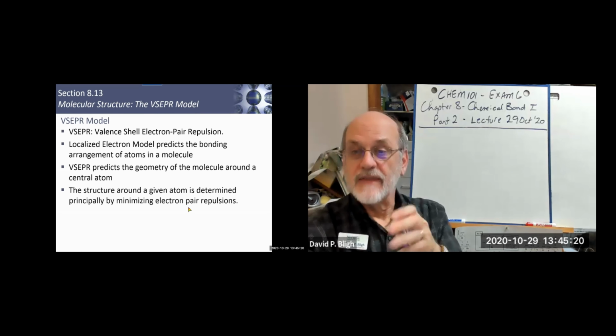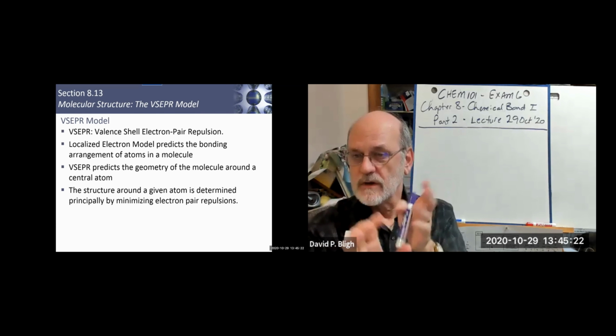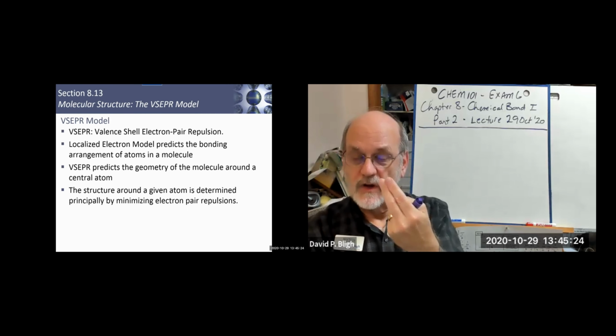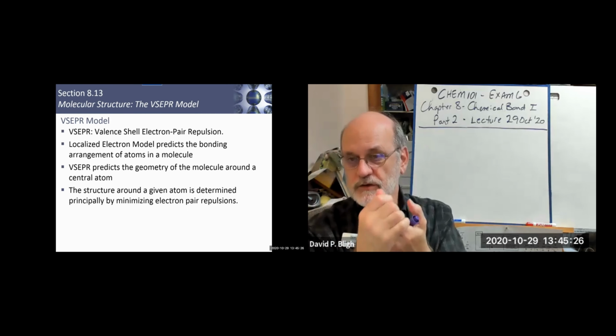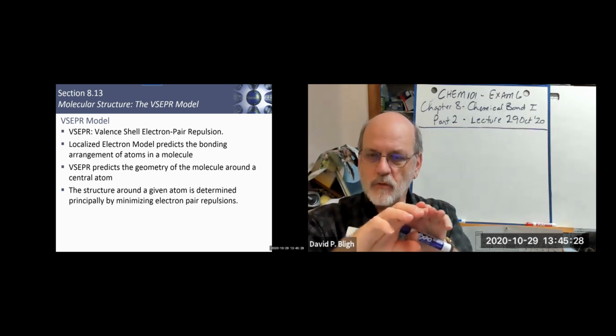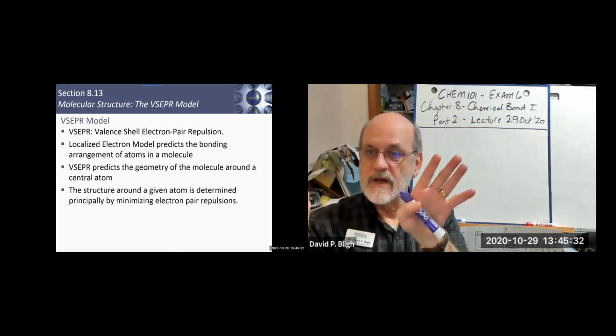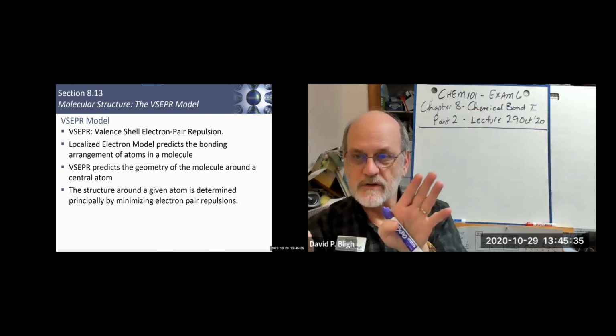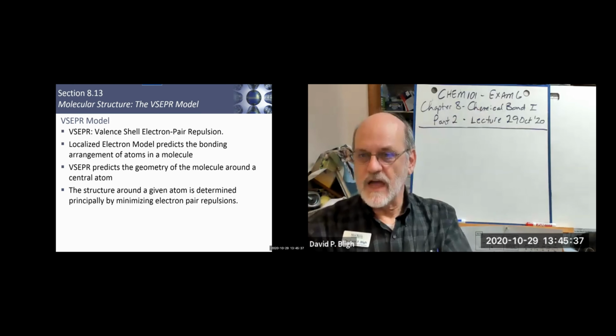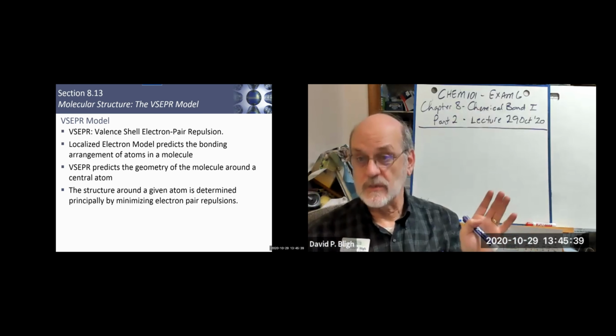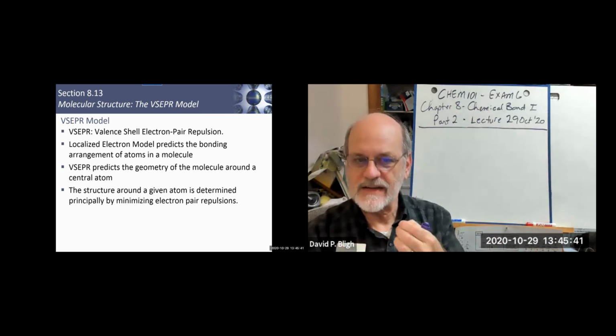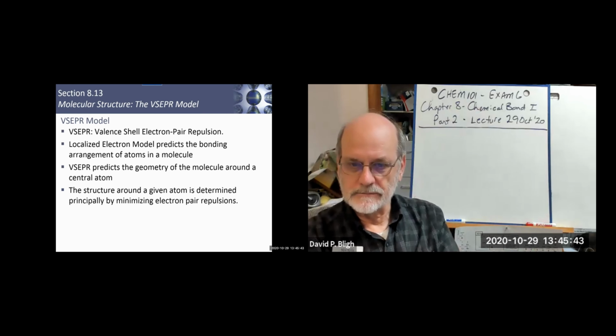So what does that mean? That means the electron pairs for individual bonds, or groups for doubles and triple bonds, they repel one another, right? And you try to position them so that their repulsion forces are minimized. That means as far away from their neighbors as possible. That's the central idea for the VSEPR model.